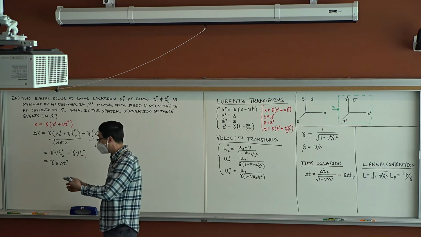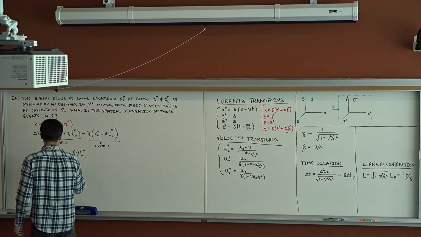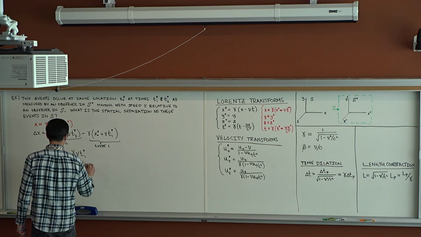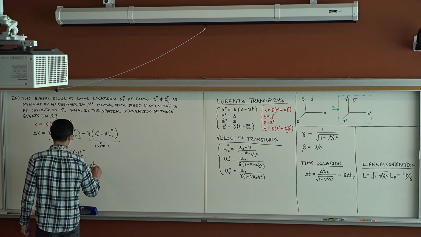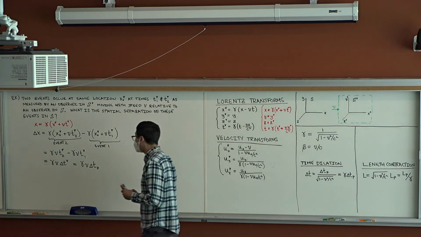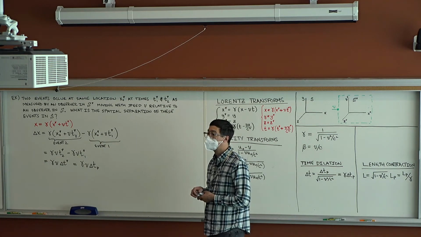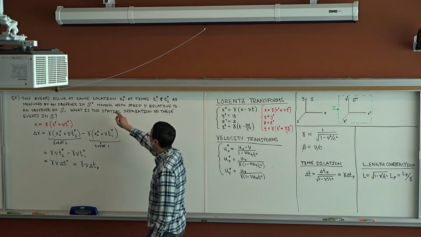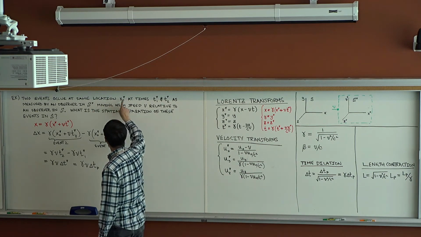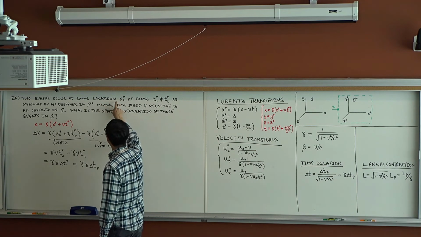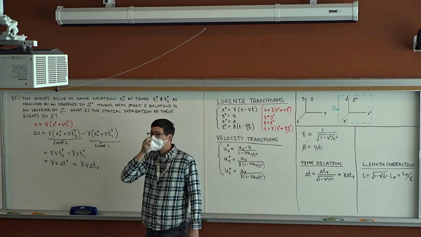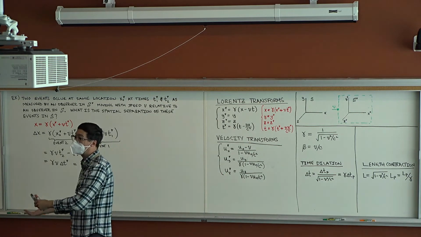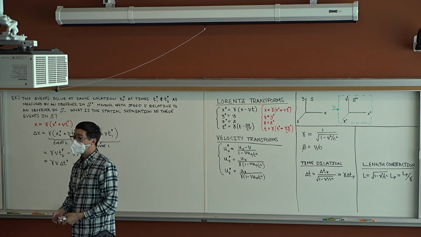And so we can say that this is gamma times v times delta t proper. This only works because the S prime person sees both events occur at the same location. This was when I threw the pen in the air, I saw both events occur at the same location.